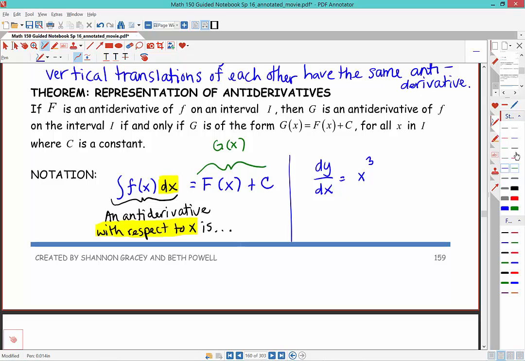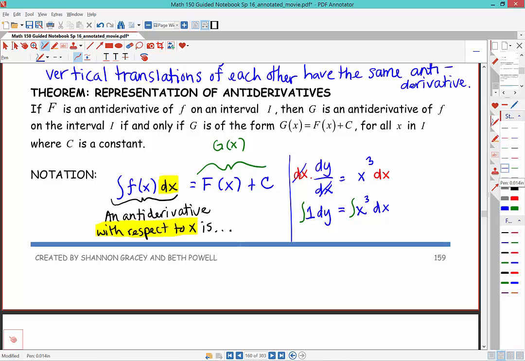So if we multiplied both sides by dx, then this dx would divide out. So we would get dy is equal to x cubed dx. And this is really 1 dy. And just like the derivative is a linear operator, which means you can apply it to both sides of an equation, so is the antiderivative. So you can anti-differentiate each side.